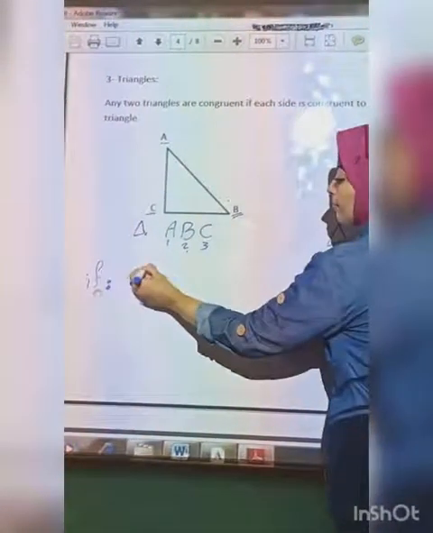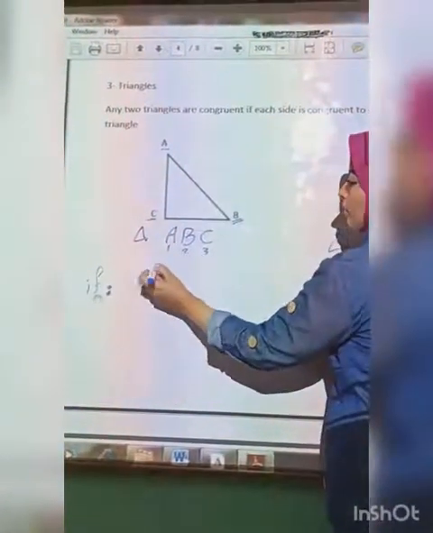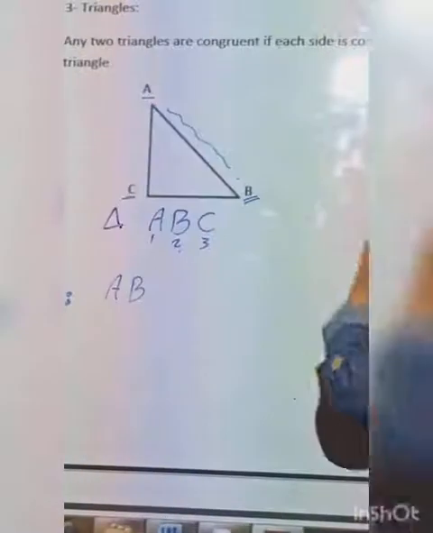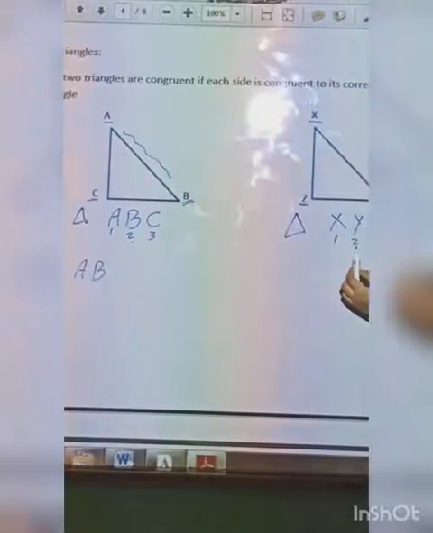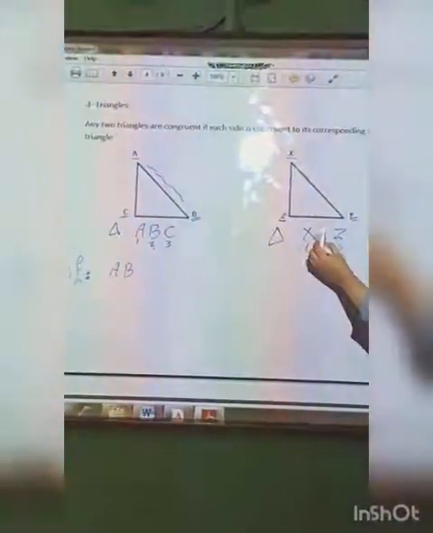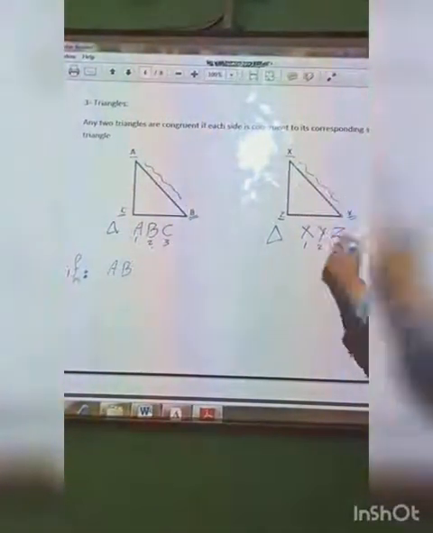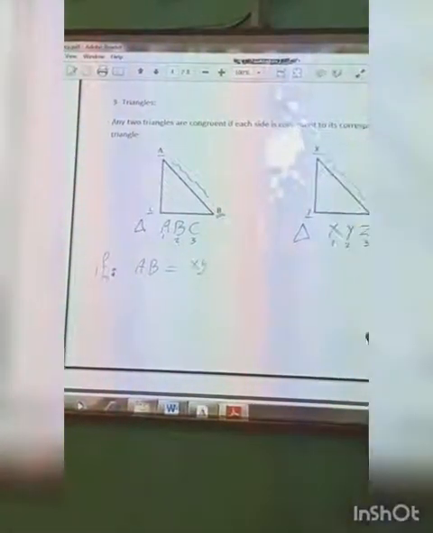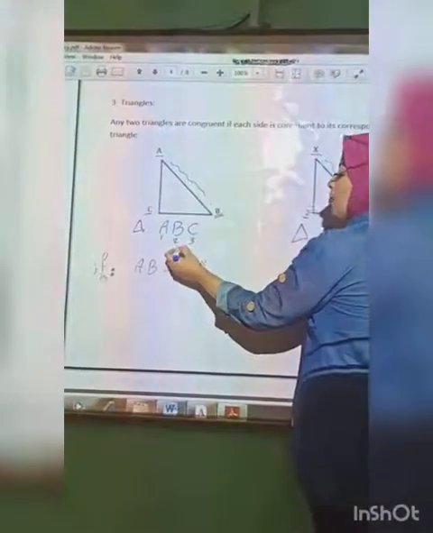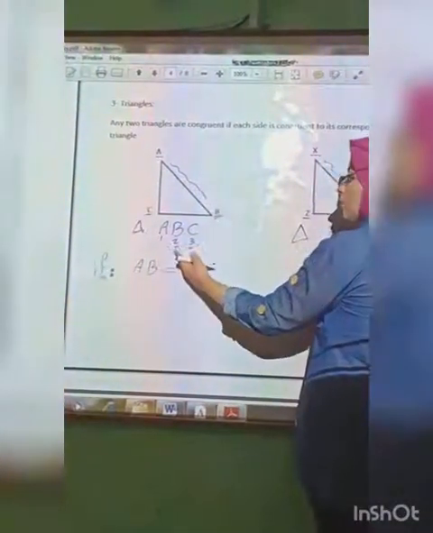If we have the side AB, 1 and 2, so I will take 1 and 2 here, equal to the side XY. And the side BC, I take number 2 and 3.